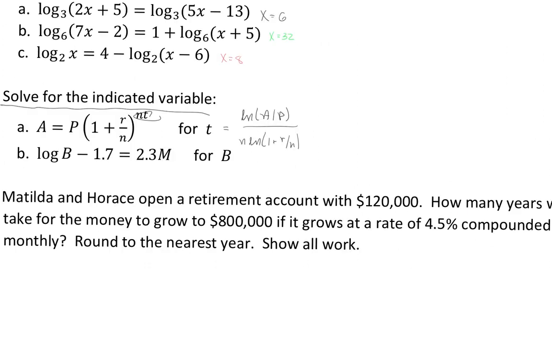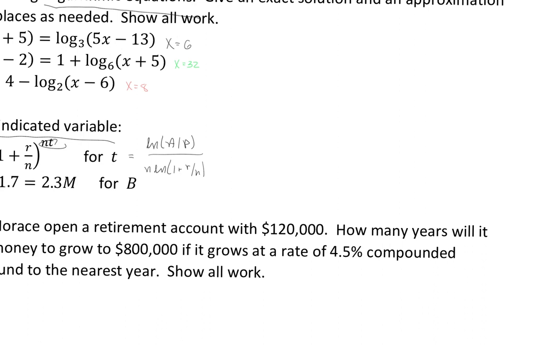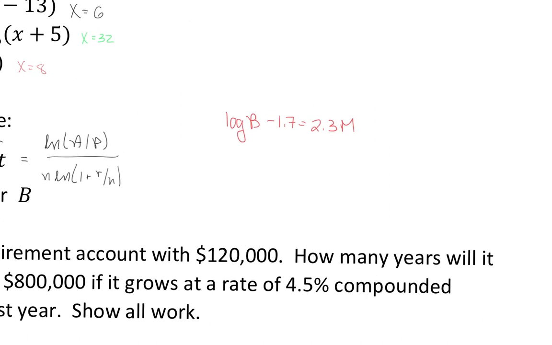And then for part B, coming back, we want to solve this for b. So I'm going to write that equation over here: log b minus 1.7 is equal to 2.3m. First, I'm going to get this log b on its own, so I'm going to add 1.7 to both sides to get log b equal to 2.3m plus 1.7.